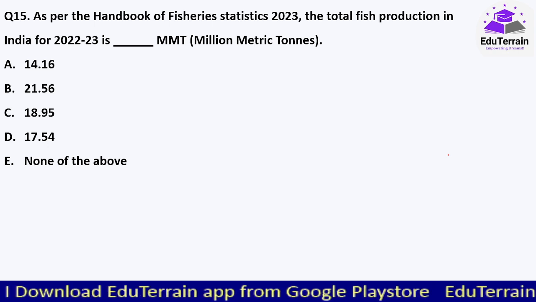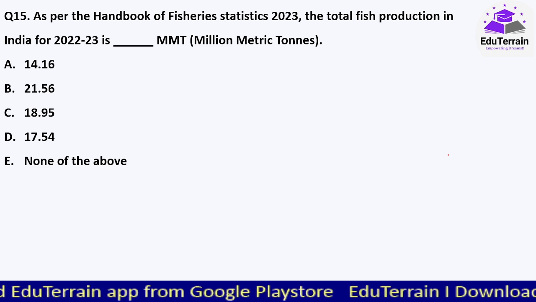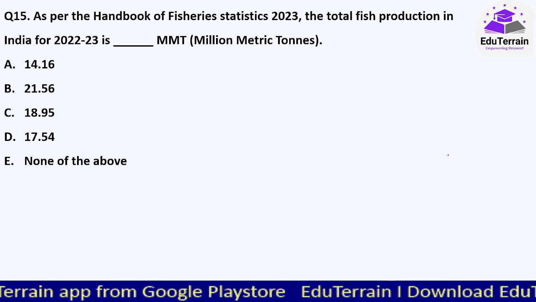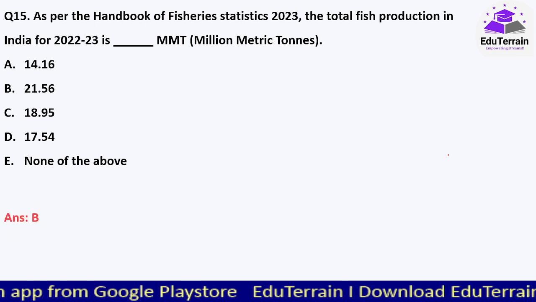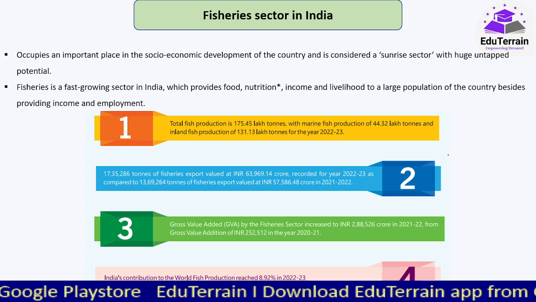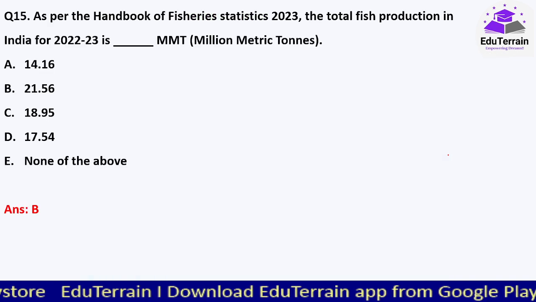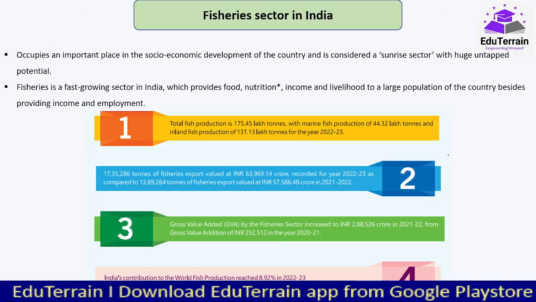As per the Handbook of Fishery Statistics 2023, the total fish production in India for 2022-23 is how many million metric tons? It has seen a growth of 21.56, not 21.56, sorry, it is 17.54.